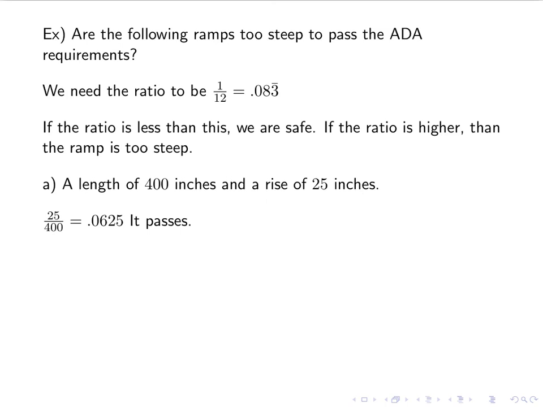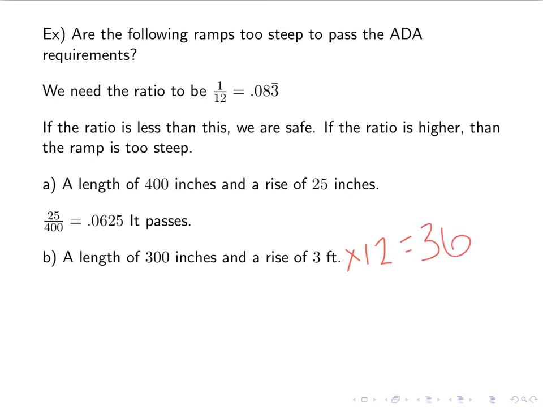It's not too steep. What about a length of 300 inches and a rise of 3 feet? So now I have inches and feet, but the rise is the feet, so I have to change this into inches. So to go from feet to inches, I need to multiply by 12. So I get 36 inches, and that's the number I need to use for my ratio.